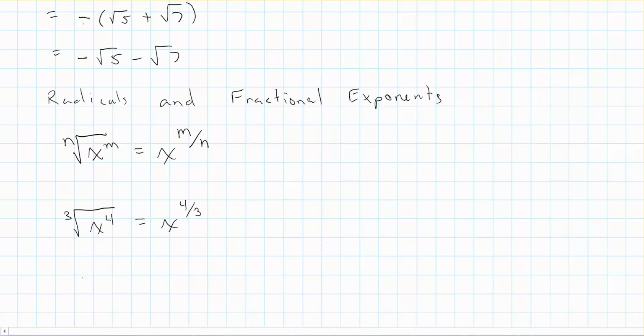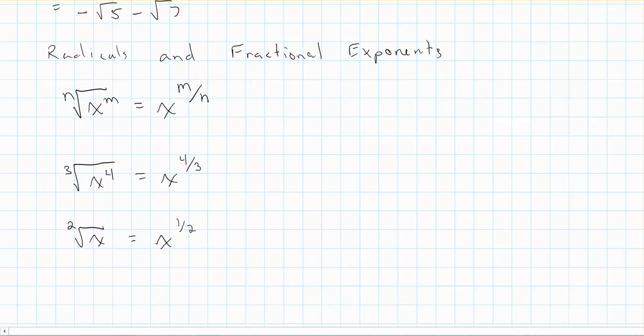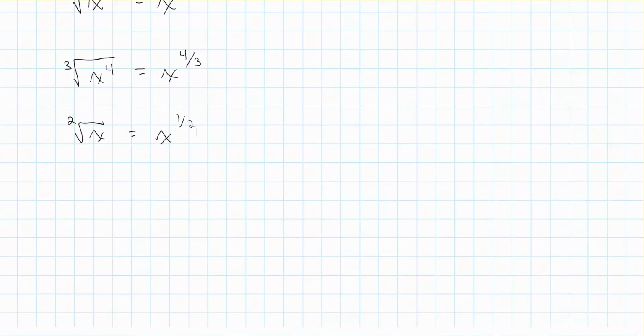Another example, if you have the square root of x, well, remember what's the exponent on x when it's just there? That's 1, so this would be x to the 1/2 power. Now you want to be able to go both directions. Again, in later math classes, this is critical, to be able to go back and forth between these two notations quickly.